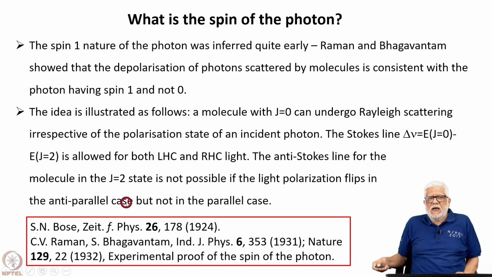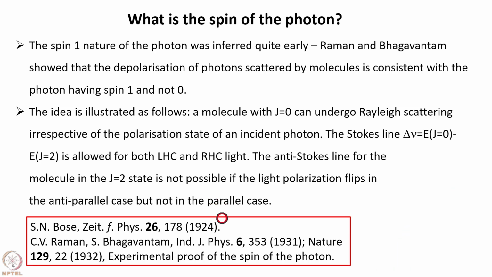By parallel and anti-parallel, I mean the spin of the molecule with respect to the spin of the photon. So, the depolarization is a measure of whether or not the photon has spin 1 or spin 0.